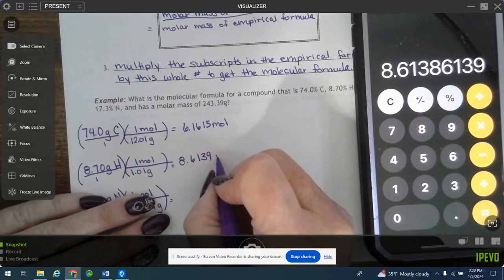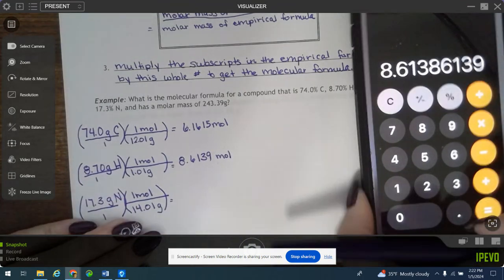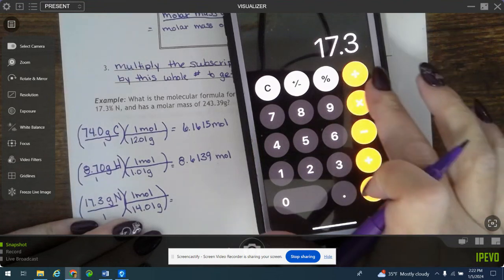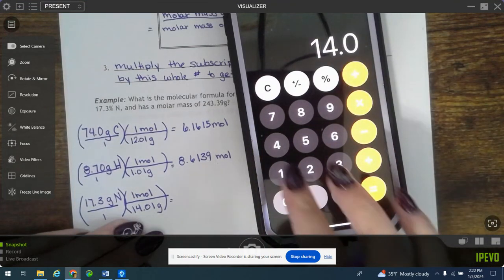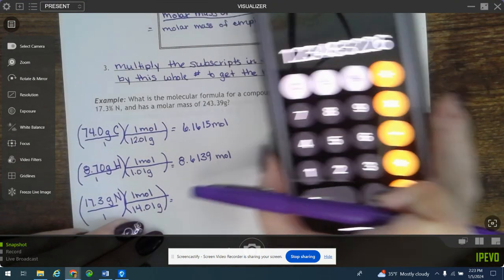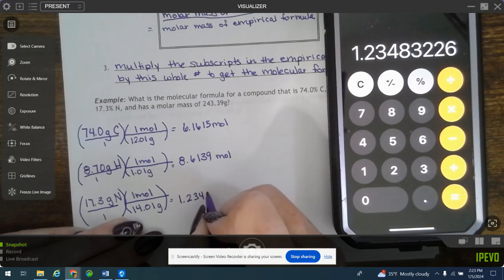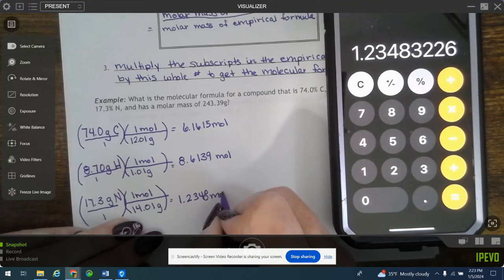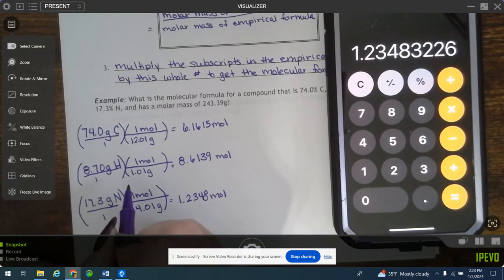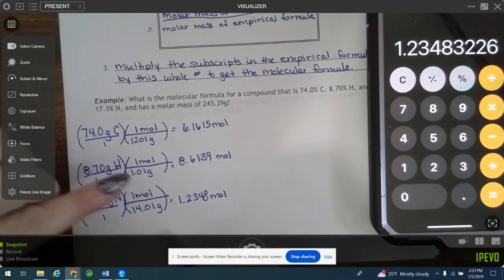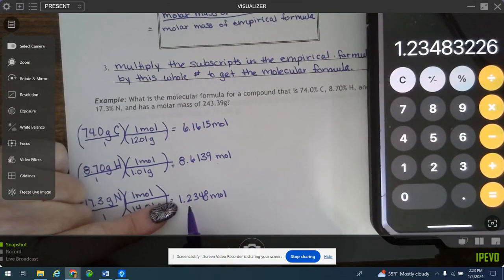These are moles. And then nitrogen, 17.3 divided by 14.01, 1.2348. Percent to mass, mass to mole. Now we're going to divide by the smallest. So this 1.2348 is the smallest, so I'm going to divide everything by that.